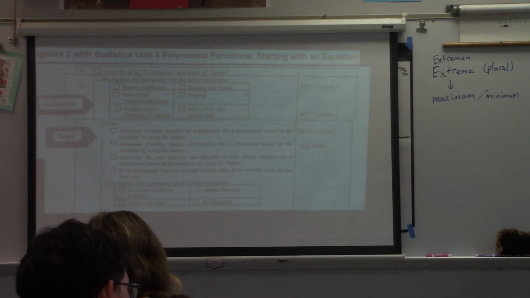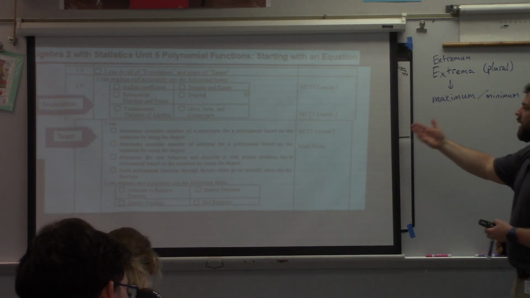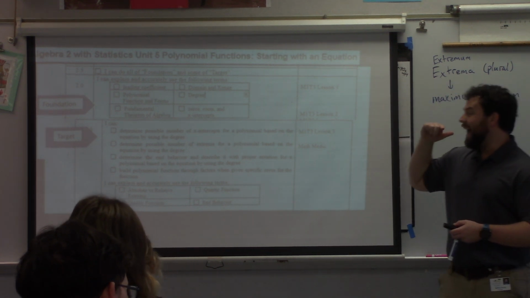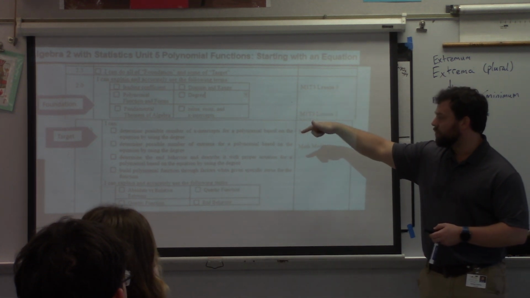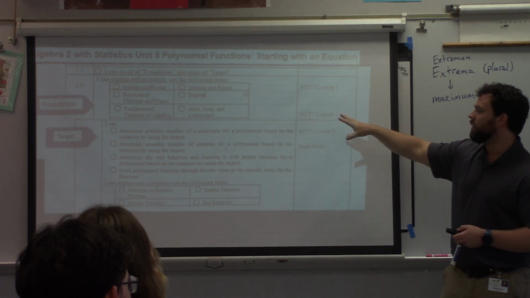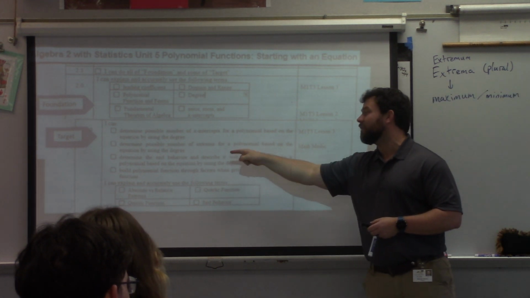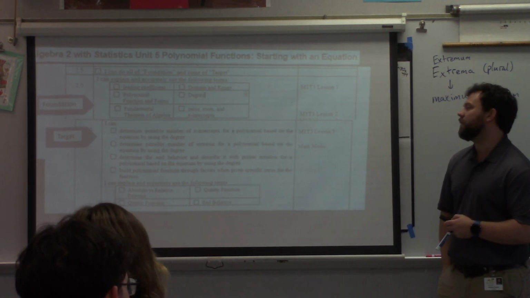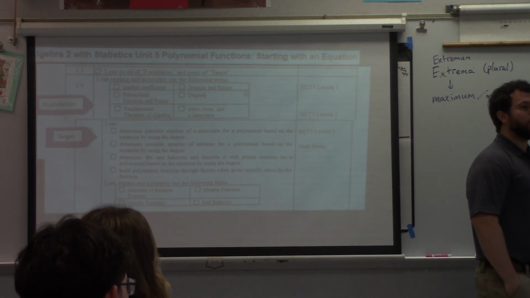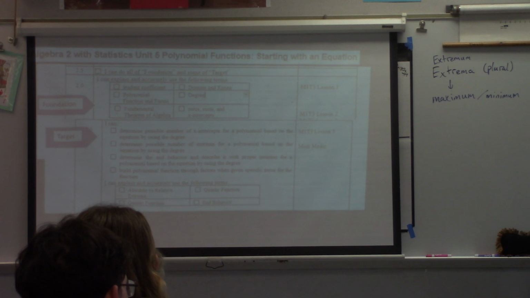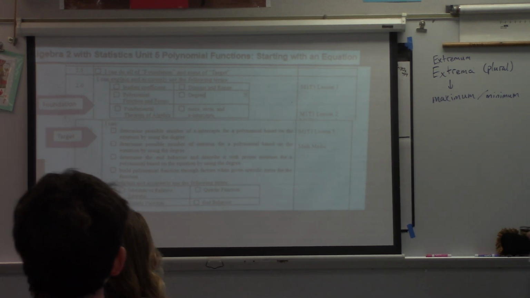So there's no way for me to expect you to know these things without a graphing calculator, but we actually can know a possible number of x-intercepts, a possible number of extrema based on the equation, and we can definitely always figure out the end behavior just looking at the equation. And so that can give us a lot of information, just kind of visualizing what this function looks like. Last little bit there, we're not going to get to today.